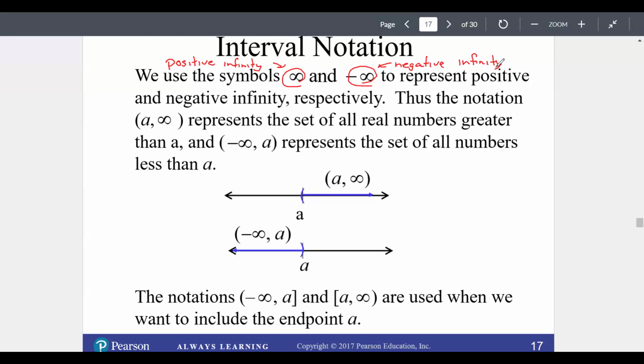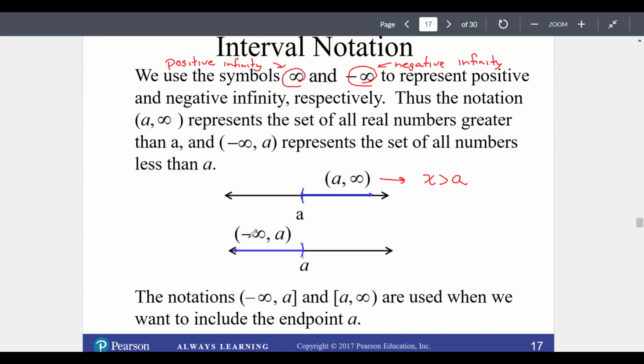Thus the notation parenthesis a, infinity parenthesis, represents the set of all numbers that are strictly greater than a. We have x's that have to be greater than a, and we don't include a itself, just everything greater than that.